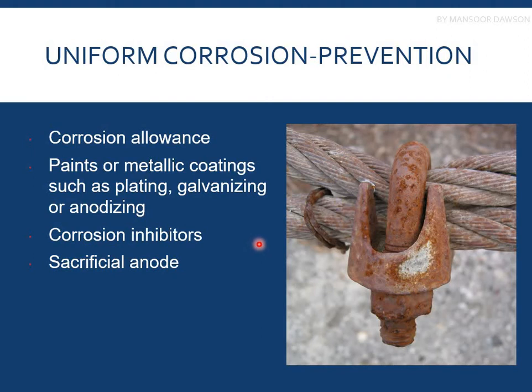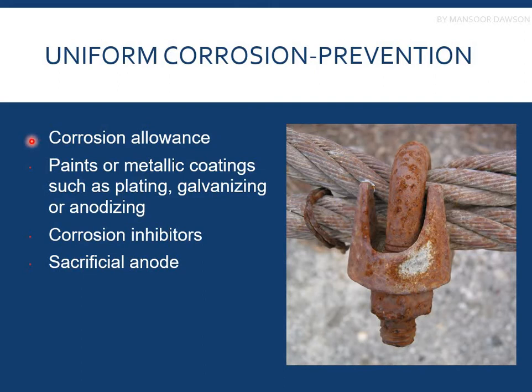For example, if you are making a tank with a sheet with thickness of 4 millimeters, so you know that your part would be used in a corrosive environment. So what you will be doing is adding another millimeter. You will be using a 5 millimeter sheet just to add the corrosion allowance.